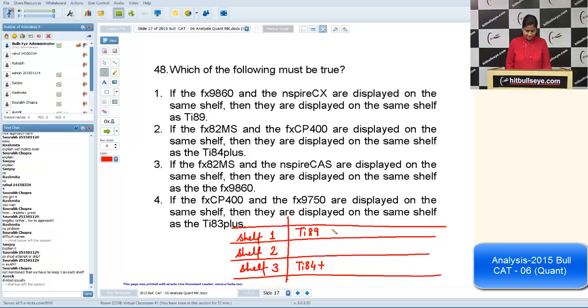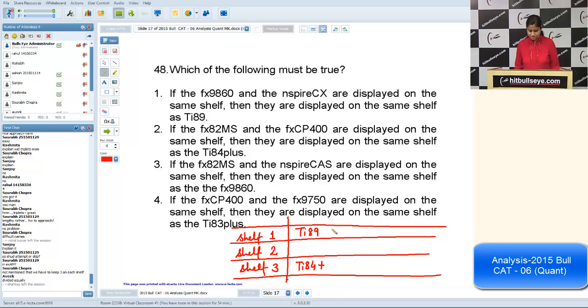Now coming to this, the TI-84 Plus cannot be displayed on the same shelf as the FX9860, FX9750. See, FX9860, FX, this sequence is of Casio models. So by taking the first direction, at least one calculator on each shelf must be a Casio model. So on shelf 3 there should be a Casio model, but on the third shelf we cannot take FX9860 and FX9750.